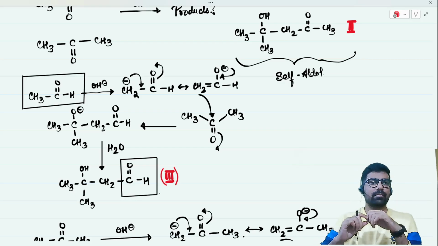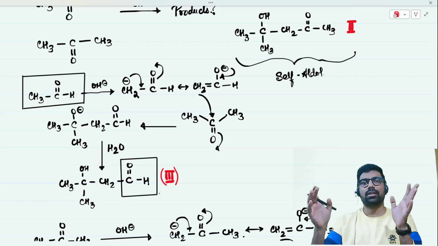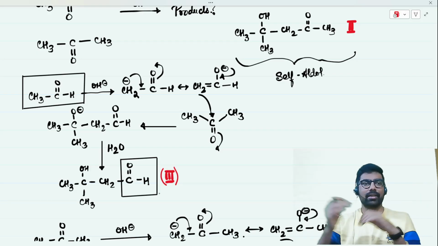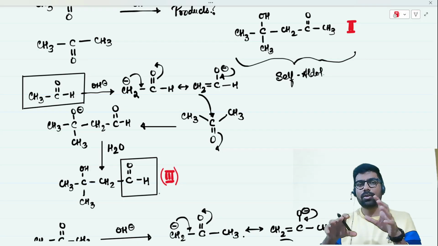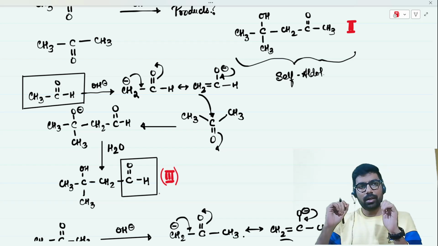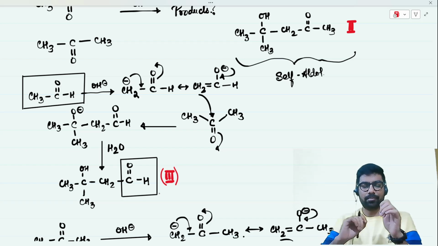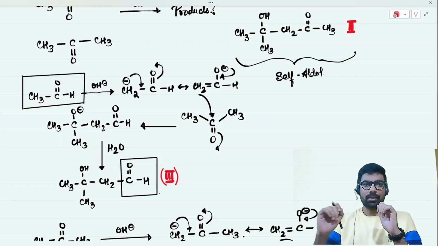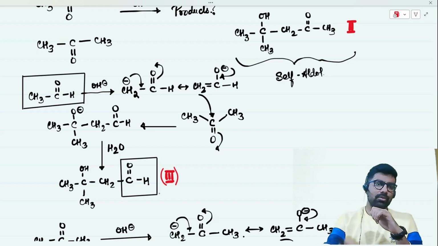This is very important because when you are given a product and asked to find a reactant, this small concept will play a very important role. In cross aldol, the group which is attacked first by the OH, that functional group is retained.